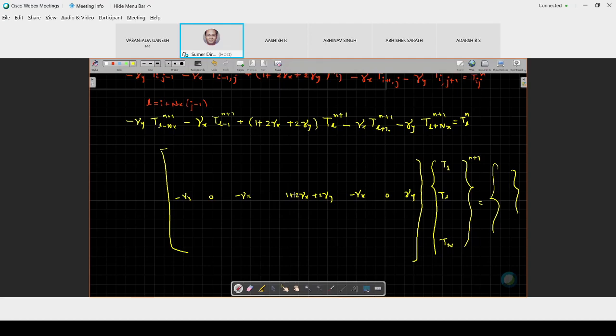So what we observe is that this is one diagonal. This is another diagonal, second. This is third, fourth, and fifth. In between the third and the fourth and fifth, we have zeros. First and second, we have a zero. So you see, this matrix has a sparsity.